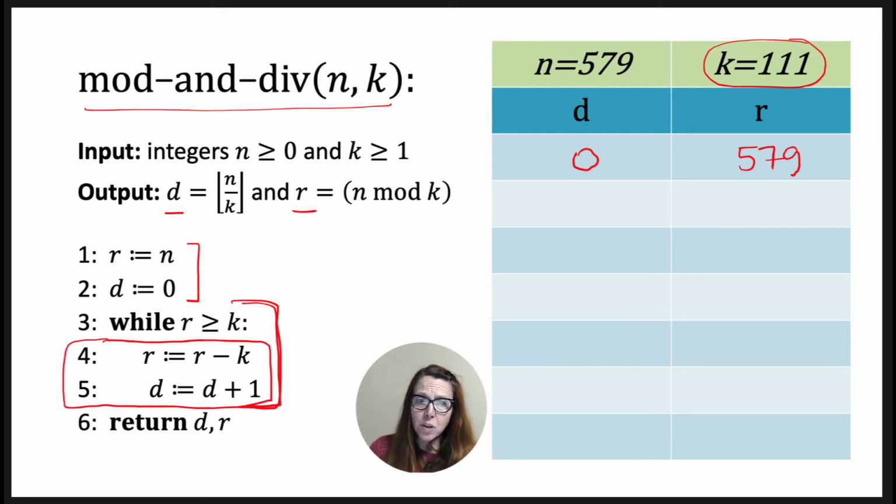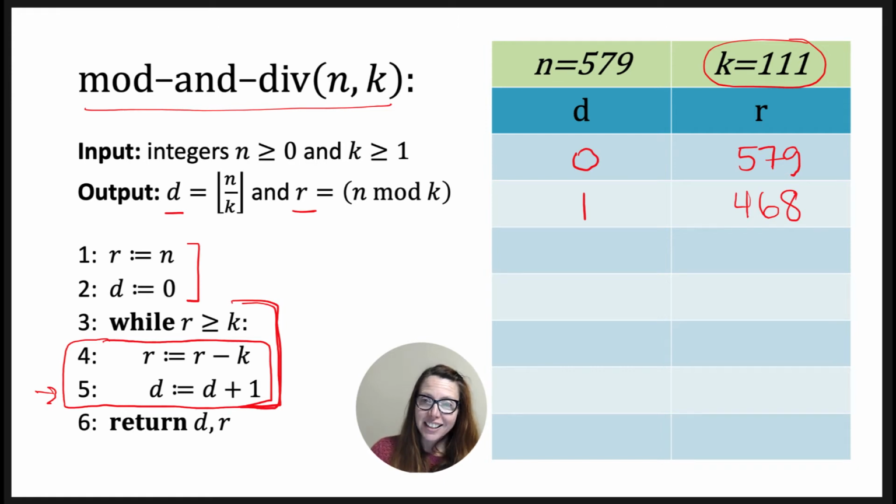And so what we do on that next iteration is we set r to r minus k. So we're going to subtract 111 from our r, and we get down to 468. And then, as we see on line 5, we're going to increase d by 1. So d will go up by 1.